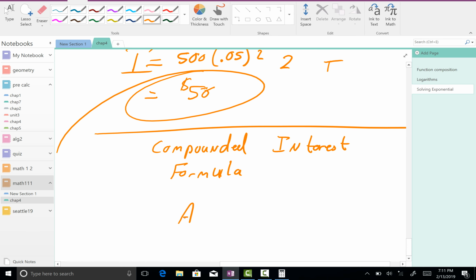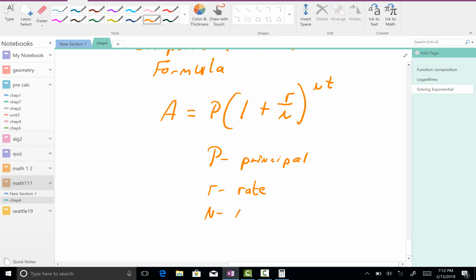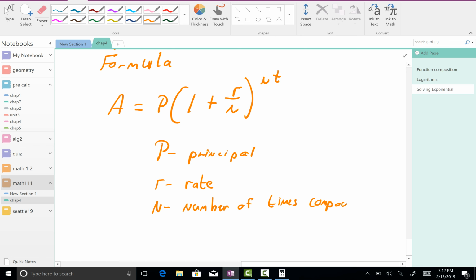So the formula for this looks like this. In this case, P is your principal, R is the rate, N is the number of times it's compounded, so that's when the rate is applied, and T is the time, of course.